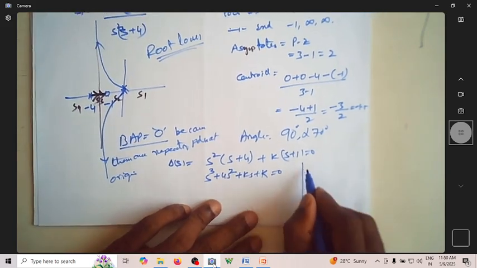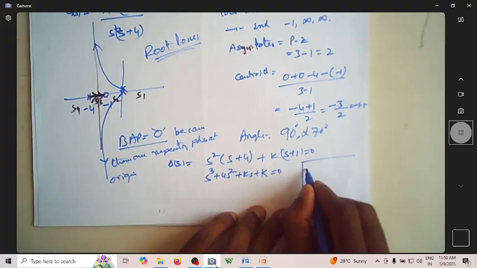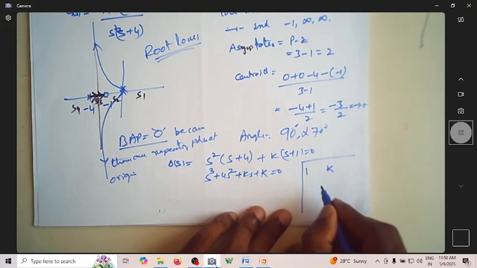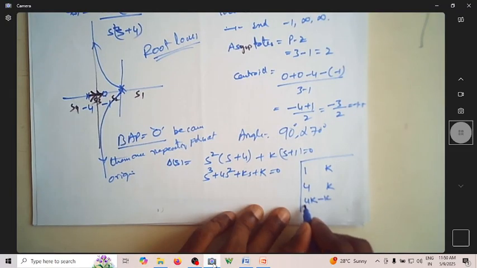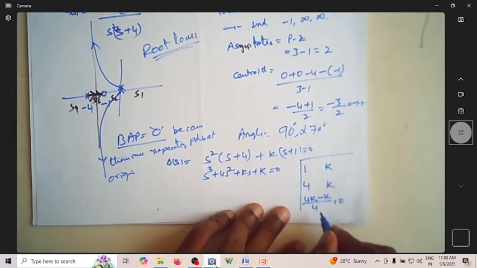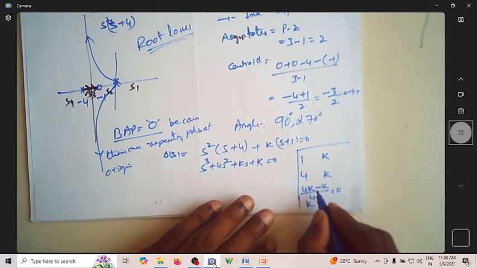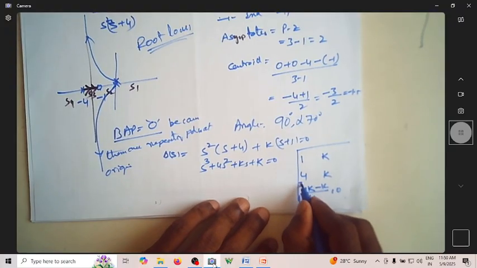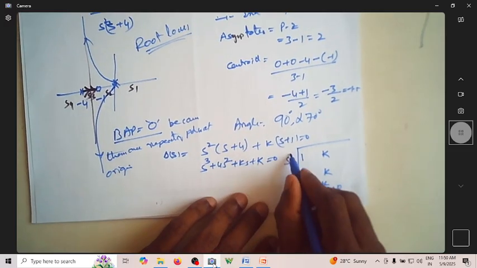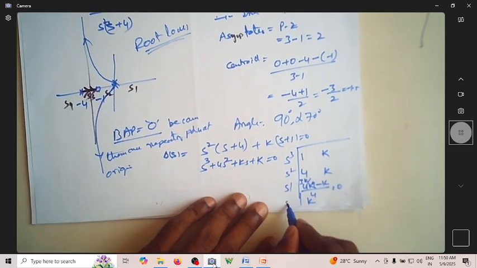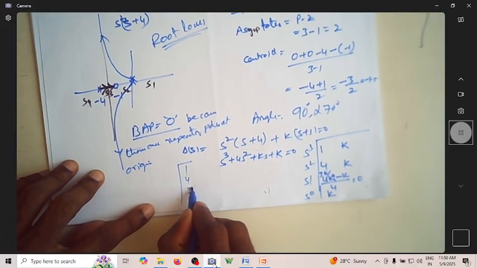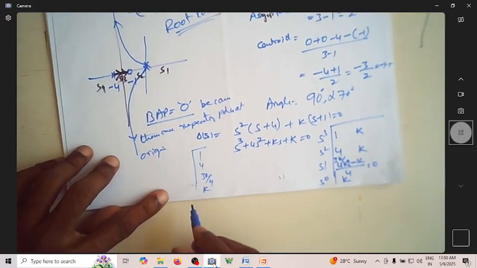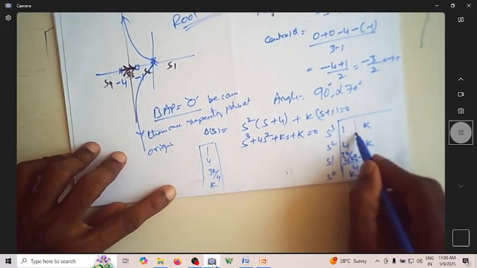If you form the Routh array, then this will be 1, k; 4, 1 plus k; then (4k minus k) by 4, 0; and k. This will become 3k by 4. This is s cube, s square, s power 1, s power 0. So now you have the first column as 1, 4, 3k by 4 and k. We are interested in the first column.